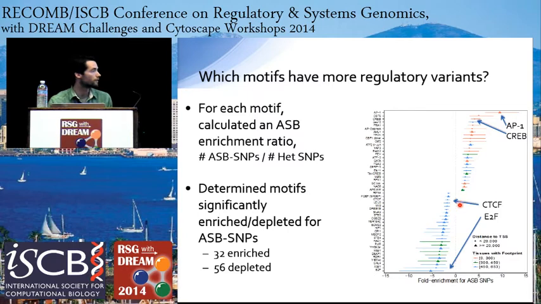Based on the coloring, the red here indicates that they're active in fewer tissues, so this recapitulates what you see from the SNP data. You can see factors like AP1 and CREB that are enriched. Whereas for the depleted factors, we see a lot of housekeeping factors like CTCF and E2F that are active in almost all of the tissues we looked at.